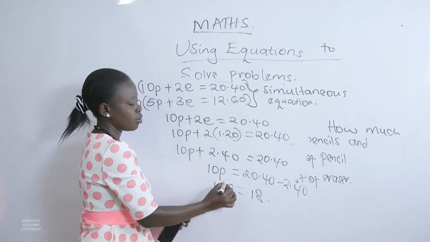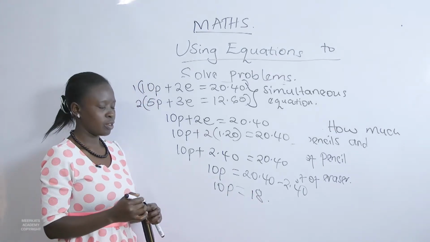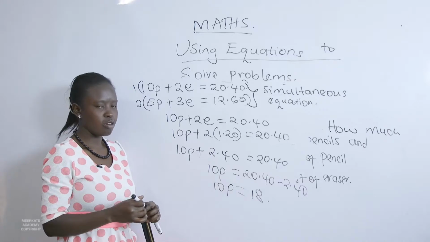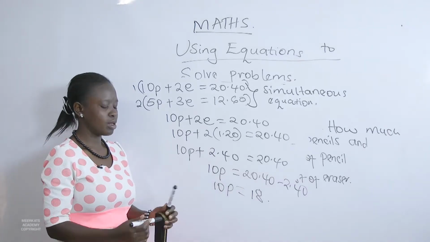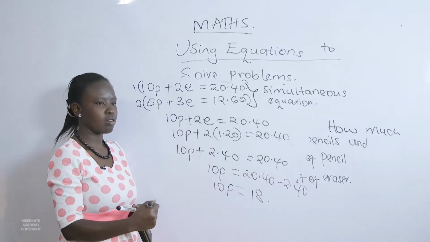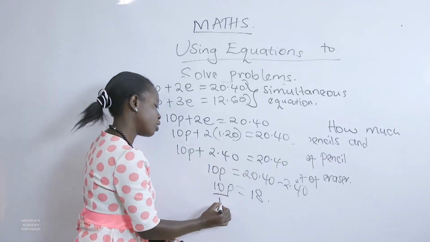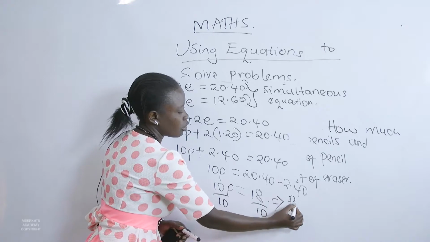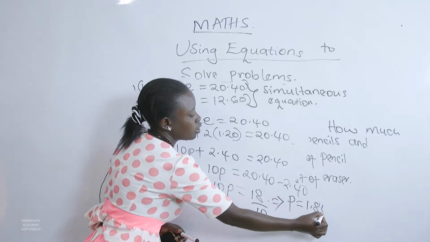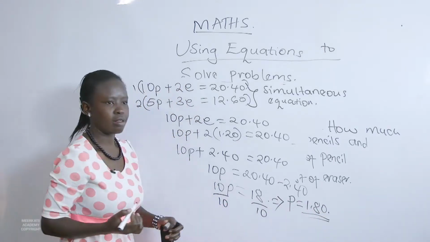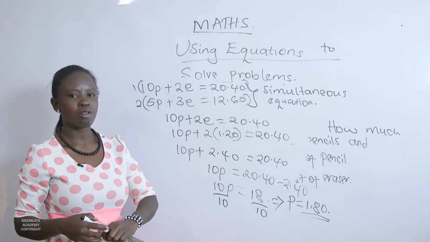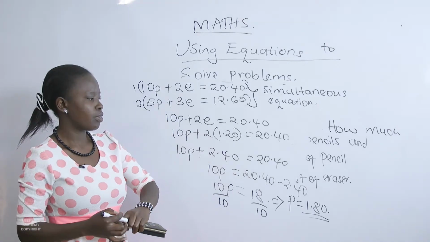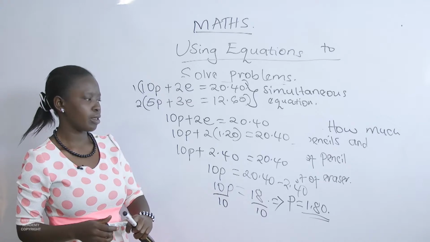So this means 10p is 18. For us to get the value of p, we divide both sides by 10, and that means our value for p is $1.80. So we now have the cost of one pencil and the cost of one eraser.